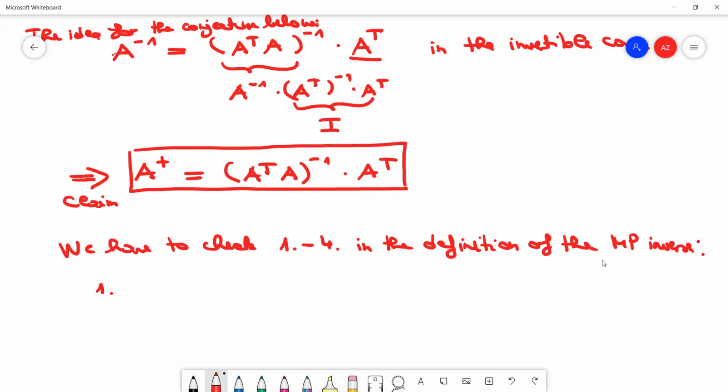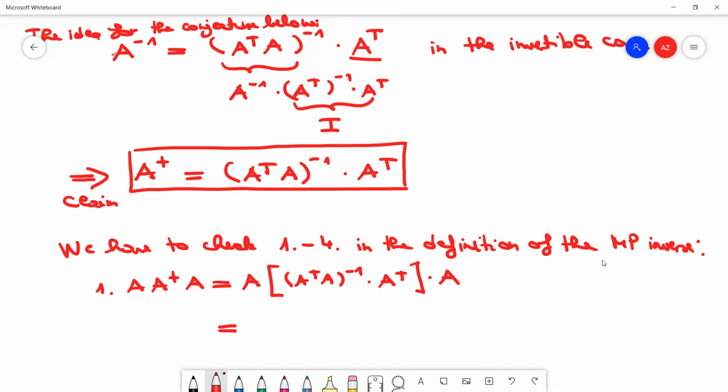So A A plus A must be A. We plug this candidate for A plus into this expression and get A times (A transpose A) inverse times A transpose times A. I'm using different parentheses to differ from the inner parentheses. Otherwise, it's not meant that these are matrices. It's just a different type of parentheses so that the calculation is clearer.